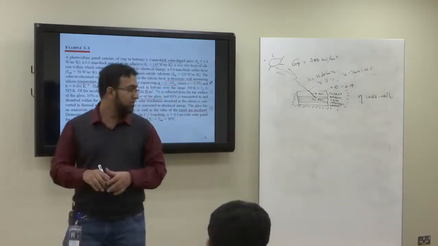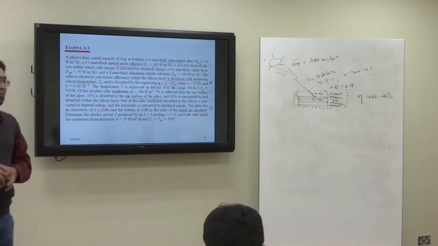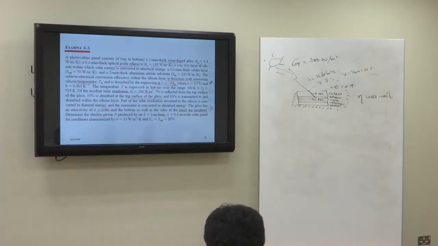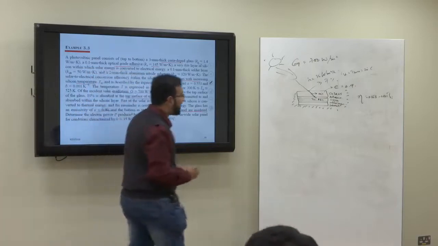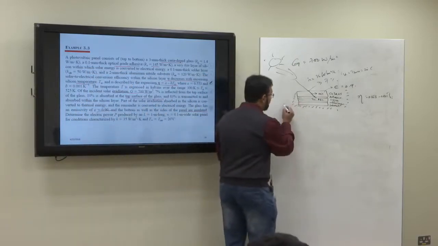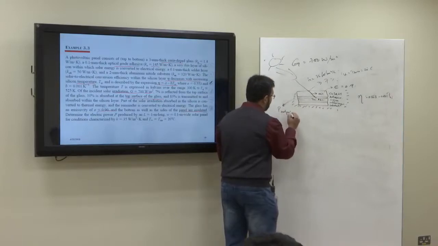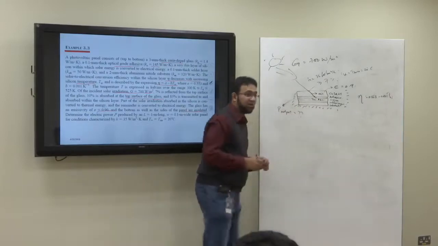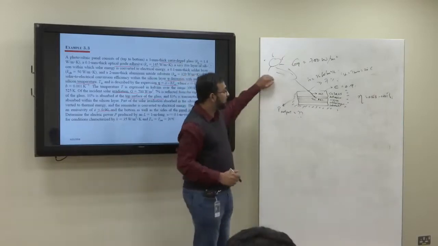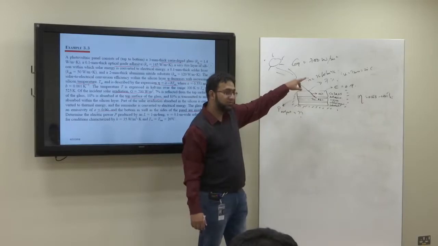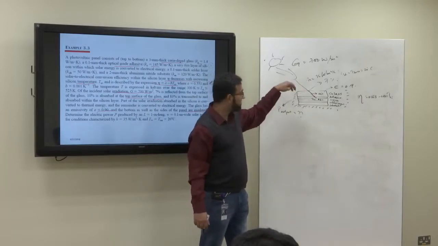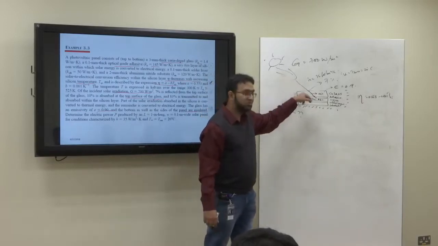So first of all, do you understand the problem statement or not? What do we need? We need to find the power output coming out of the silicon layer, P output. So you have solar energy which falls on the glass, 7% reflected, 10% absorbed in the glass, 83% goes to the silicon.